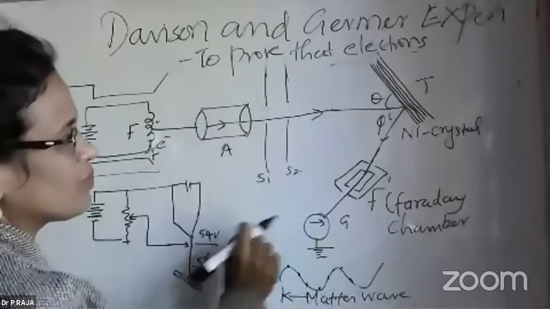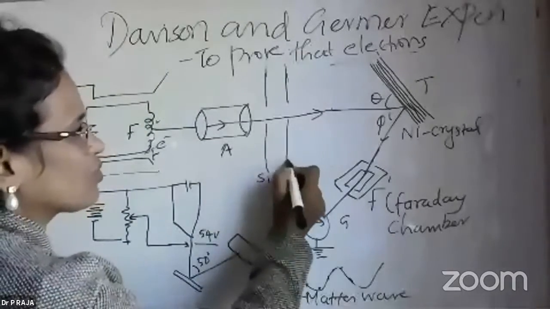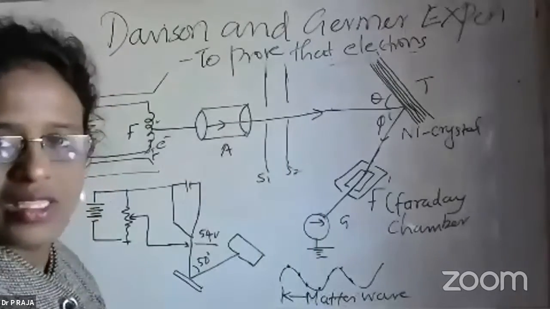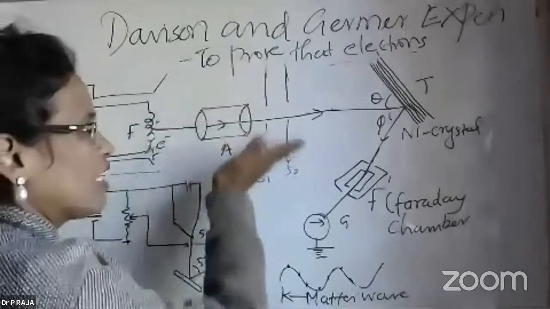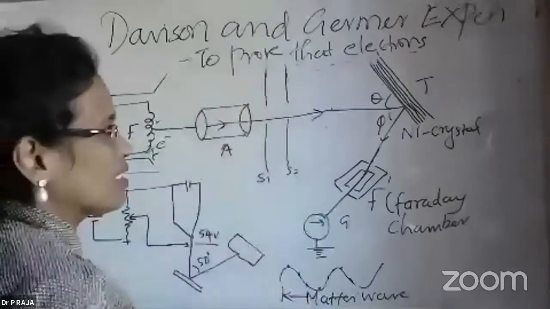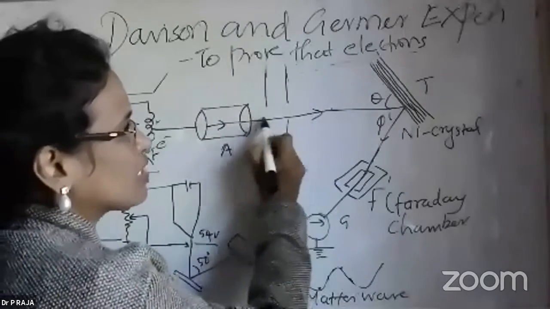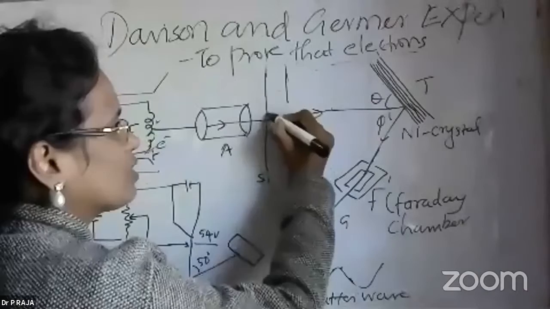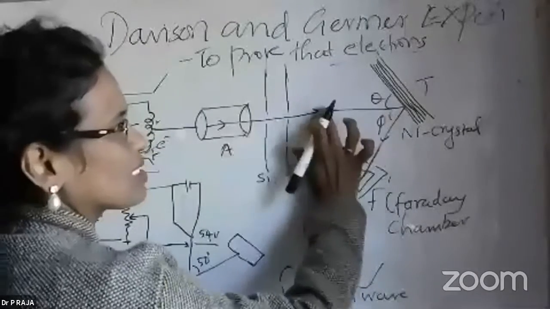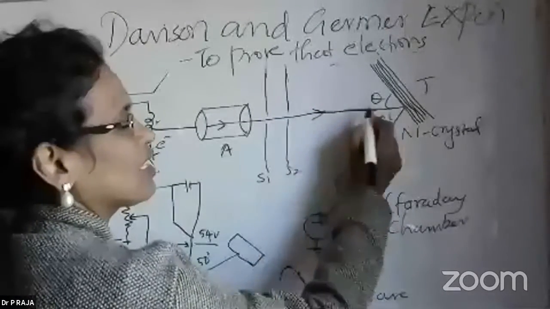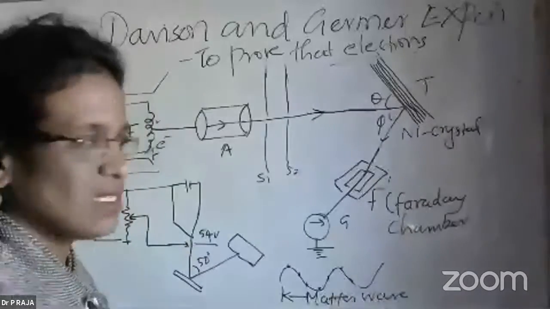There are also slit arrangements, so their path is narrowed and they are not allowed to scatter here and there. They gently pass through the slits, take a straight line path, and are then allowed to hit the target material.